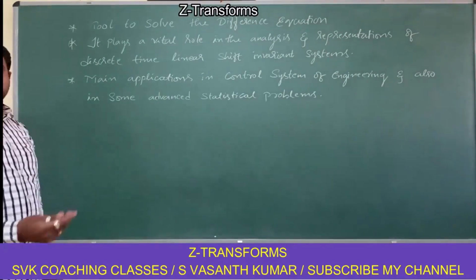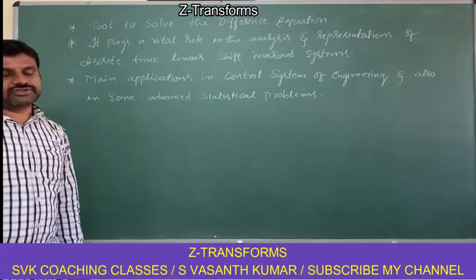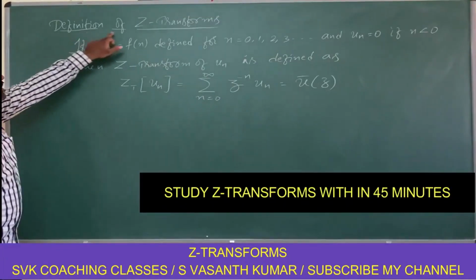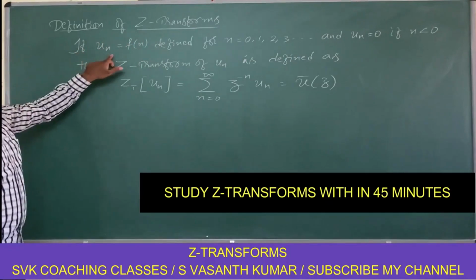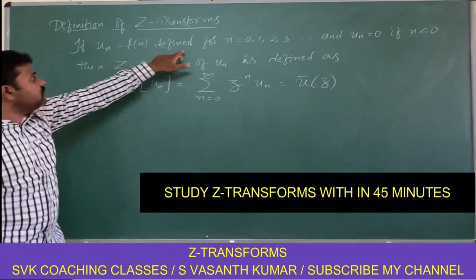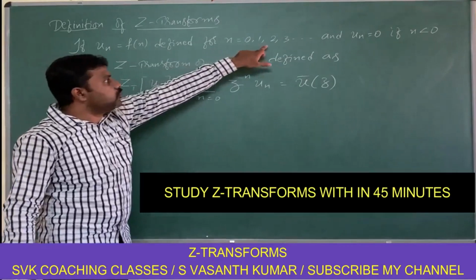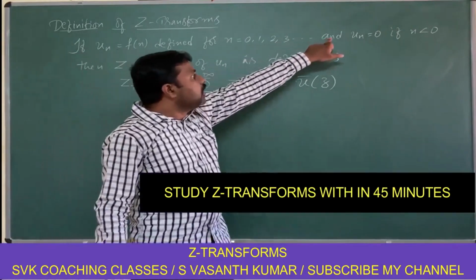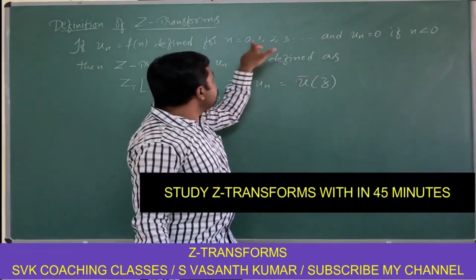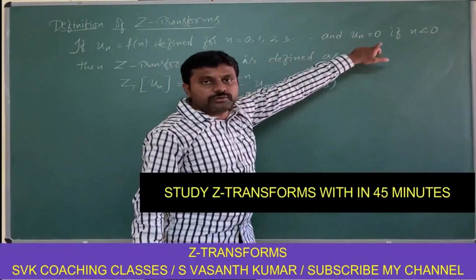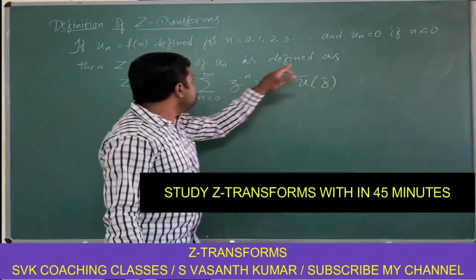So next we shall move on to the definition of Z transformation. If u_n is a function of n defined for n equal to 0, 1, 2, 3, and so on, and if the value n is negative, then u_n will be 0.